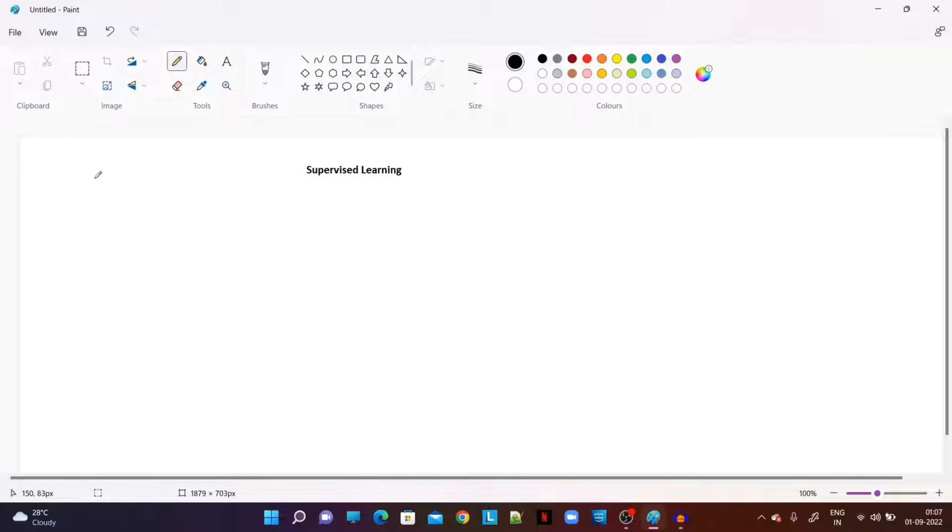So a basic understanding, if you want to know if a system is a supervised system or not: we know that there is data that is provided. Now the data consists of features, which are the input values, and the target.